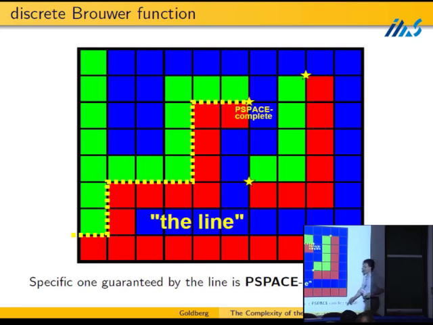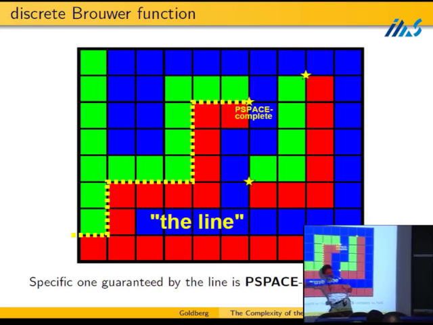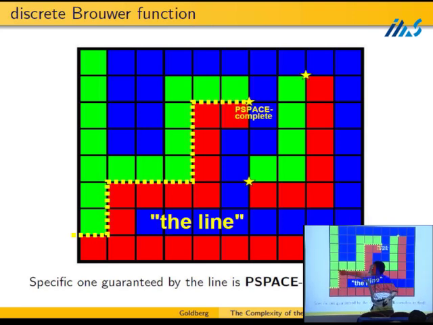So what this line is doing is we start at the place where red and green meet each other, and we follow the boundary of these 2 regions where they meet each other, and we keep going, and we're allowed to stop when we hit the colour blue, and by necessity we stop there, and that is a solution to this discrete Brouwer problem.